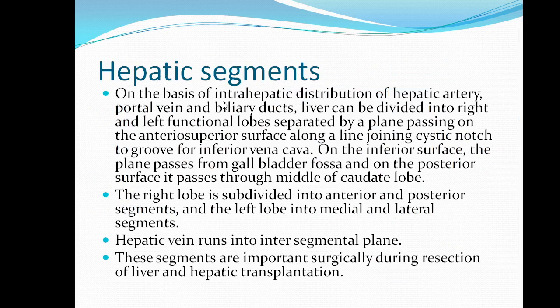The hepatic segments. On the basis of the intrahepatic distribution of the hepatic artery, the portal vein, and biliary ducts, the liver can be divided into right and left functional lobes.